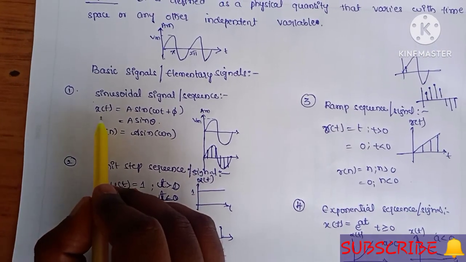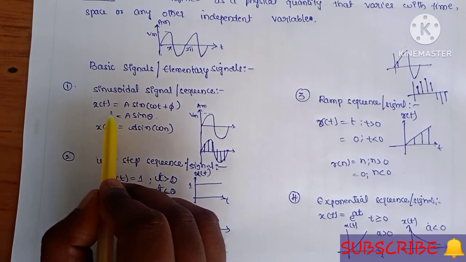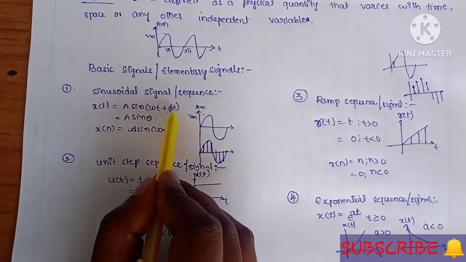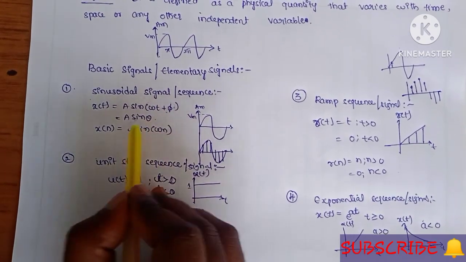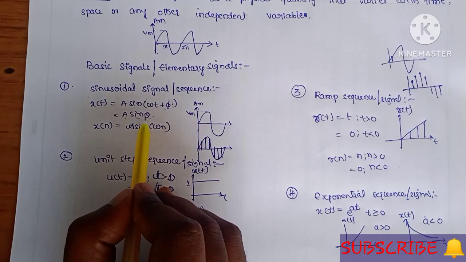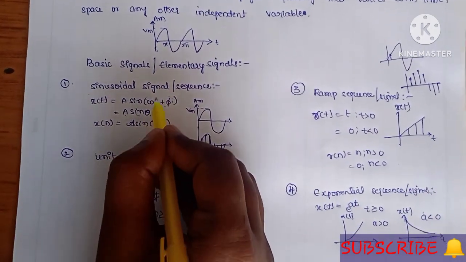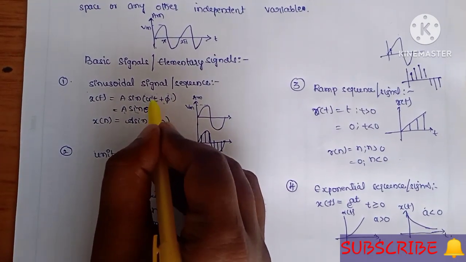The definition of the sinusoidal signal is x of t equals A sin(omega t plus phi). If we change the phase, we take phi, or else we take A sin theta. This x of t varies with respect to t.